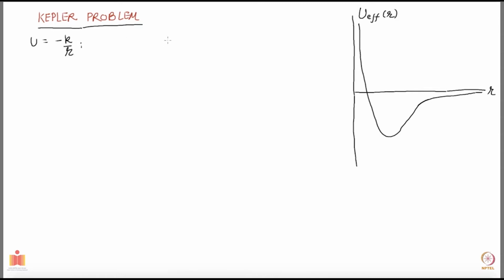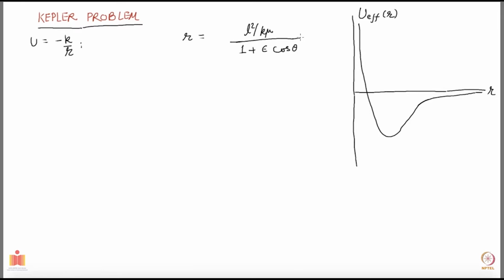We were doing the two-body problem, and then we chose this potential, and we found that r is given by the following relation, which are basically conic sections: L square over k mu, where k and mu both are in the denominator of L square, and then 1 plus epsilon cos of theta. Okay, so that's what we had found.